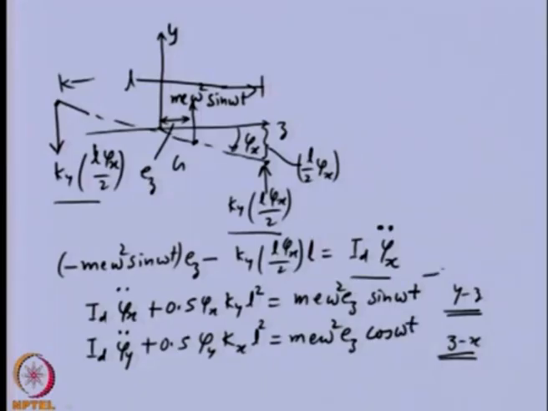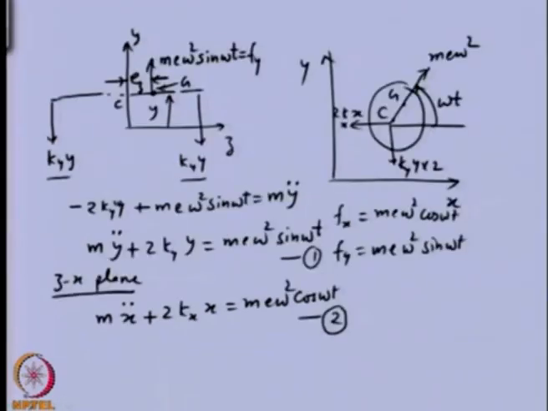So, this is the third and fourth equation of motion of this particular rotor system. And now, all these four equations, these two and the previous two, we can write in a matrix form.